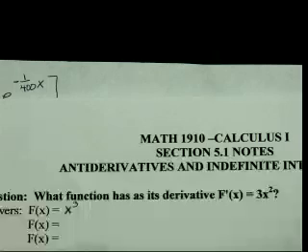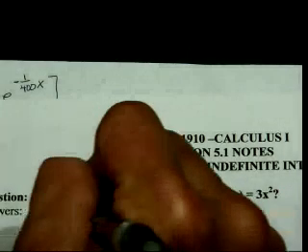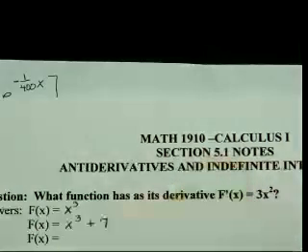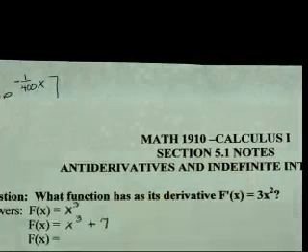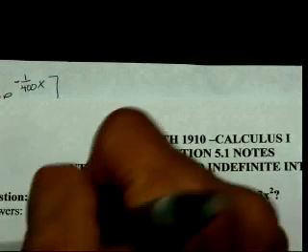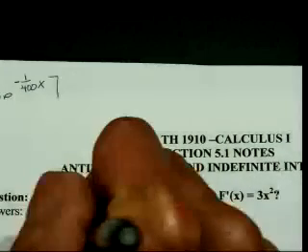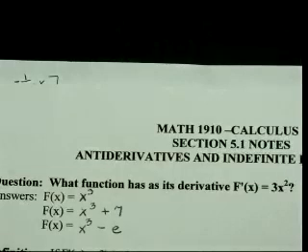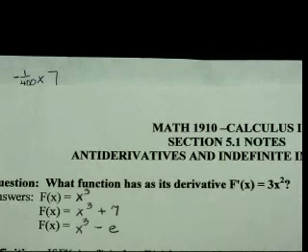X cubed minus any number. How about x cubed plus 7? Yep. That derivative would still be 3x squared. What about x cubed minus e? Not even the x, just the number e. Yeah. The derivative would still be 3x squared.